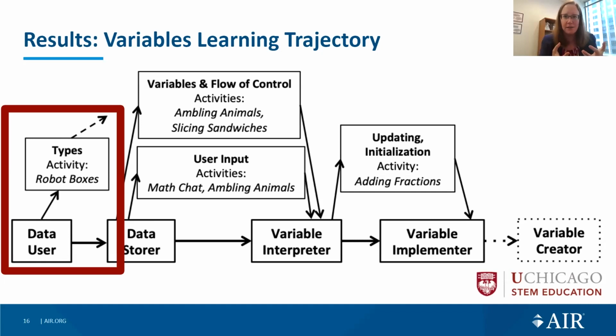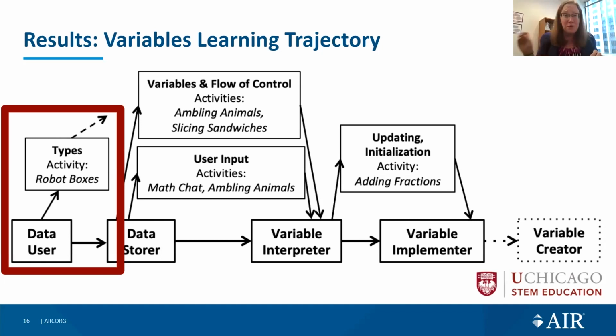So we think they have this data user level, but we're trying to move them to what we call the data store level, which is adding a new object to think about, which is a variable, which we're representing concretely in this introduction as the box on paper, and that operation of storing and removing data from a box, right? A variable storage space. So we're having them physically see and physically execute these cognitive actions we're trying to build.